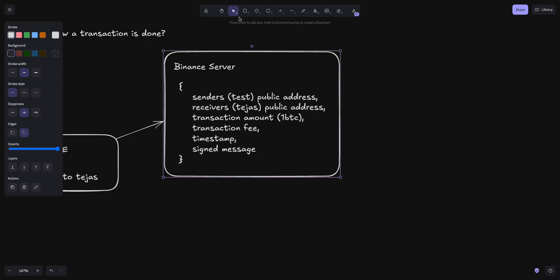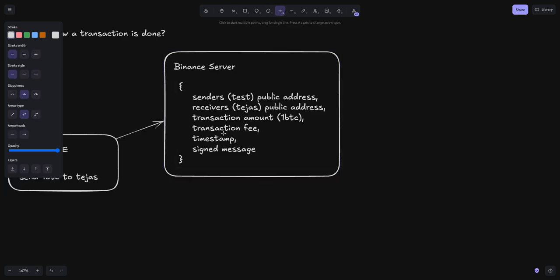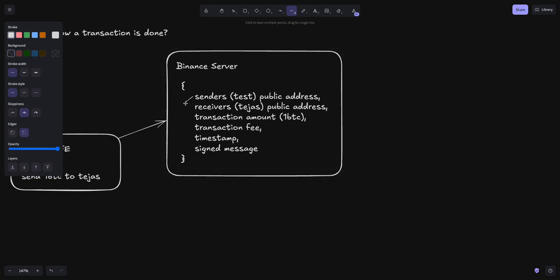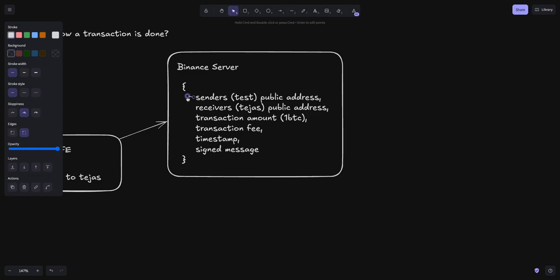The signed message is created from the sender's address, the receiver's address, the transaction amount, not the transaction fee, and the timestamp. These three things are included.